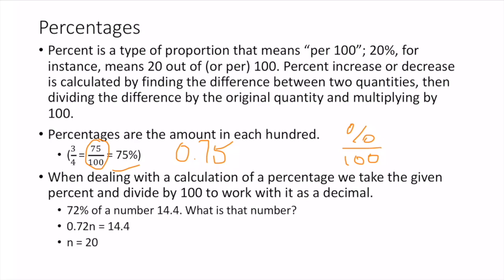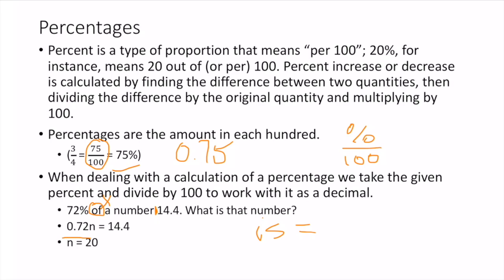So this question here: 72% of a number is 14.4. What is the number? Some keywords here. Whenever we see the word of, we will talk about multiplication. And whenever we see the word is, is always means equal.